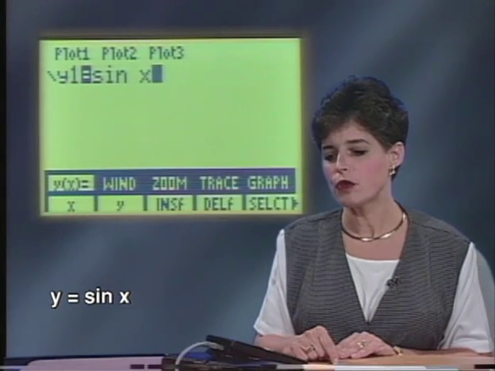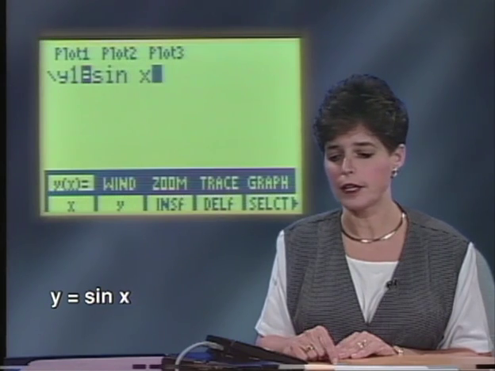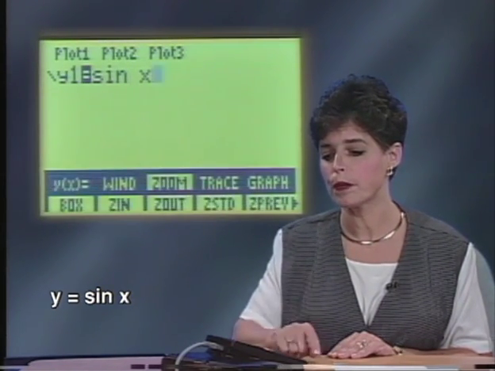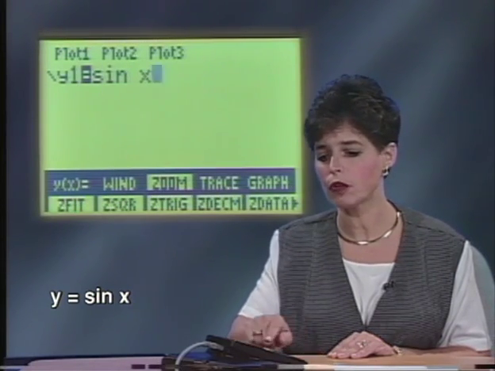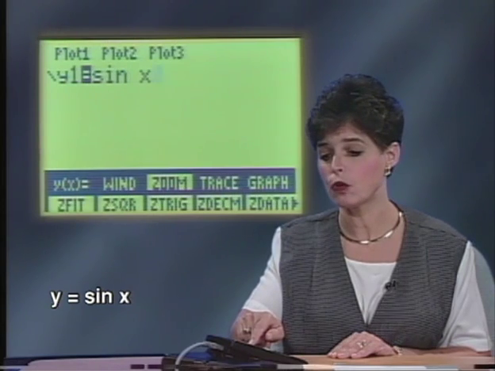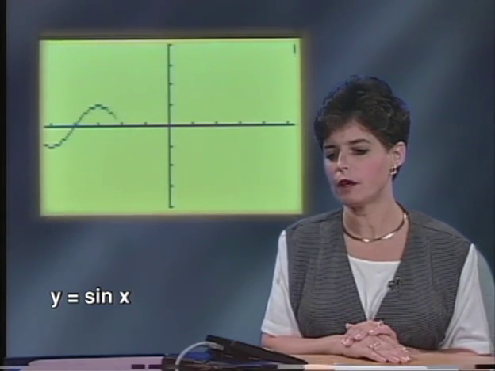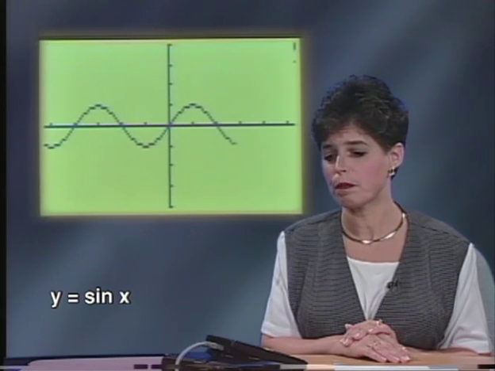Now, if I just do this with a standard viewing window, it's probably not going to give me what I like. So I'm going to go into second F3 for the zoom, more to give me more of the zoom menus, F3 to give me z-trig, and I see a nice picture of the sine function.